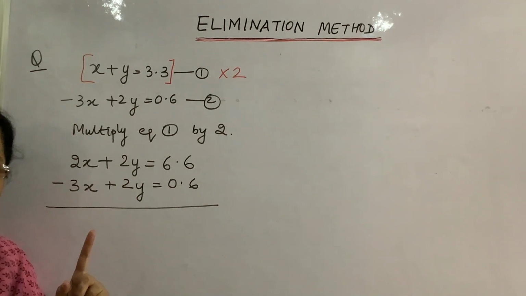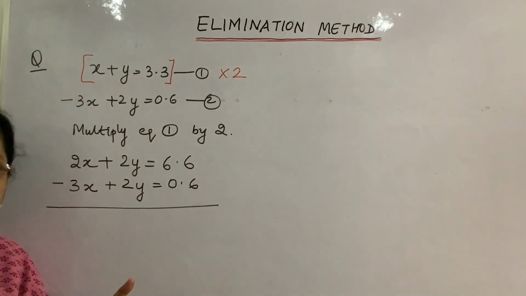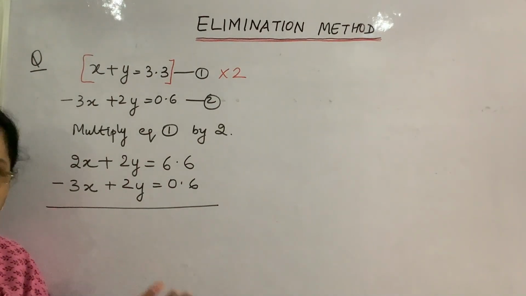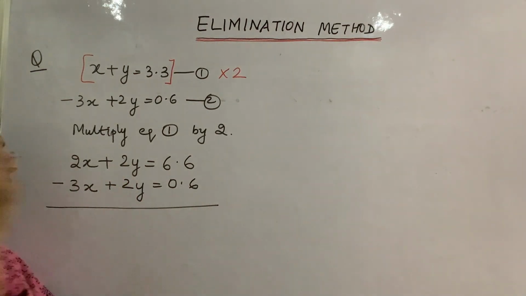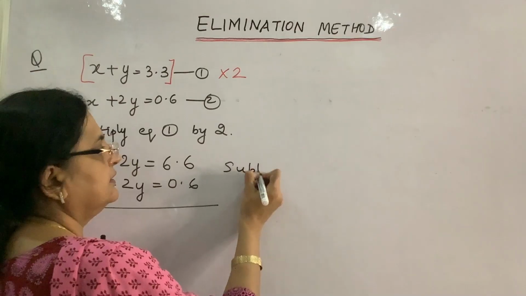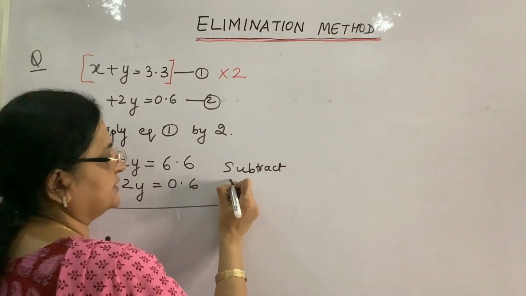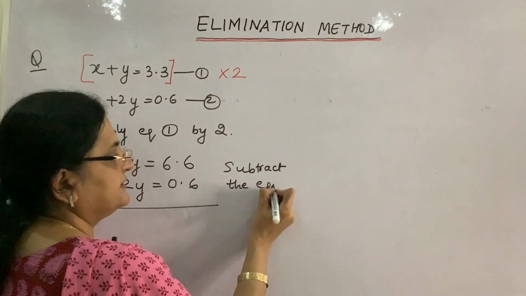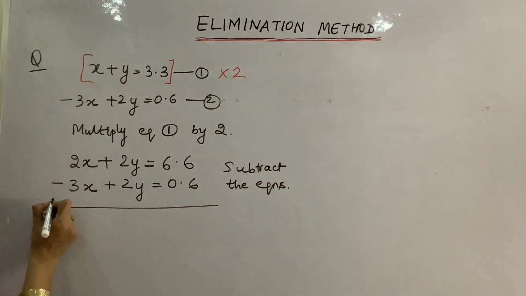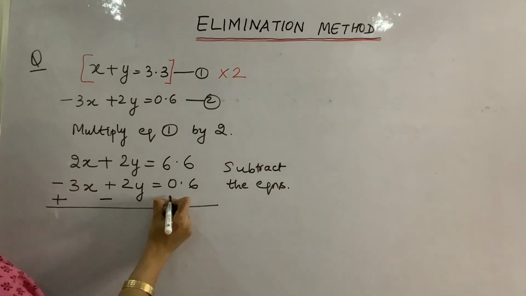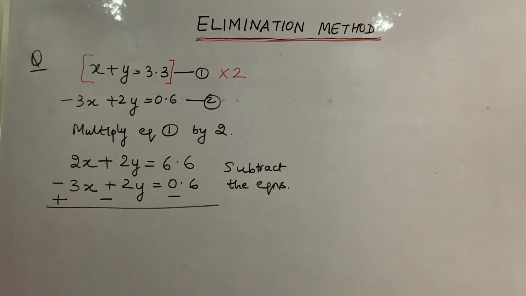Now we have to decide whether to add or to subtract. So we have already discussed that if they are of the same sign, we subtract both the equations. And subtracting means changing the sign of the lower equation. So change the sign of the lower equation.